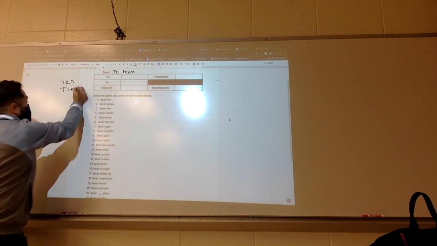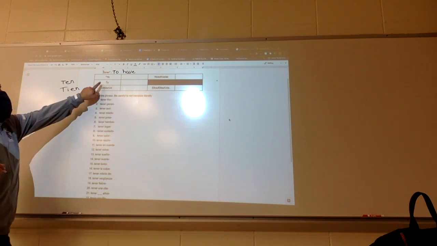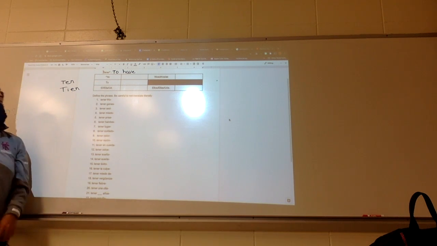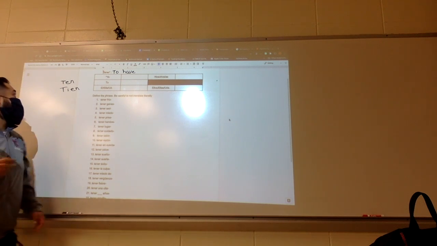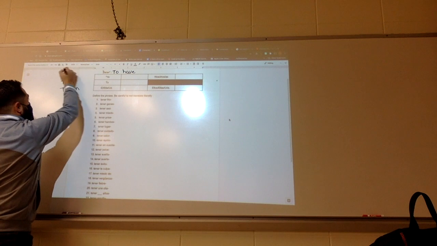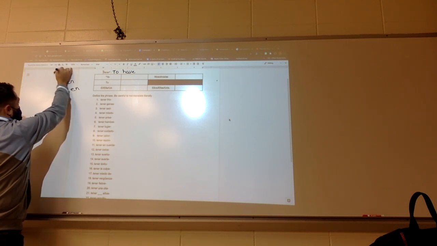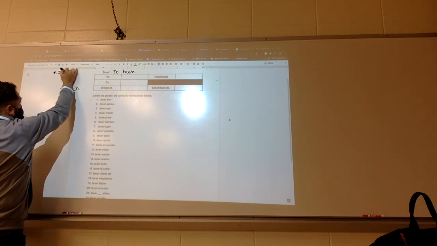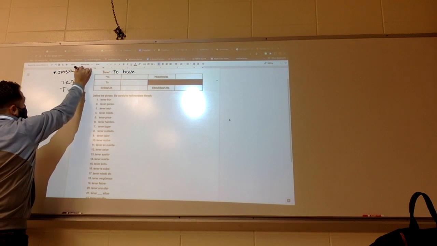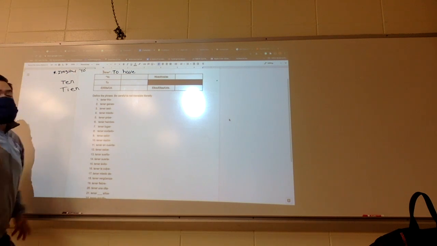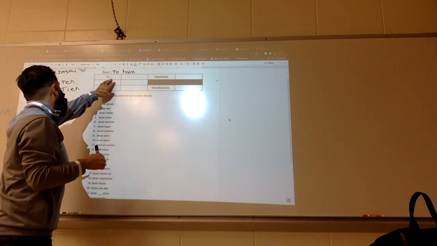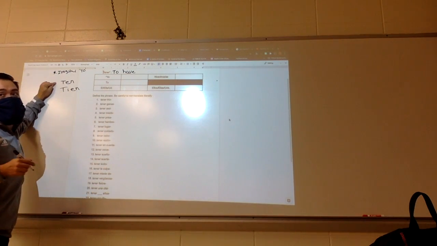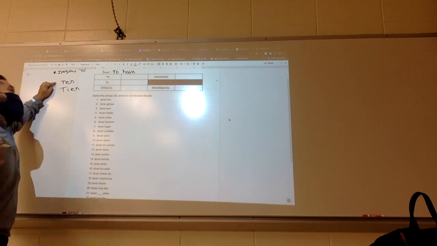But here's the problem. Notice what's in the yo box. What's in the yo box? An asterisk. This is because tener is what we call an irregular yo verb, meaning it's a little different in the yo form. So in the yo form, it does not stem change, plus you have to add another letter.